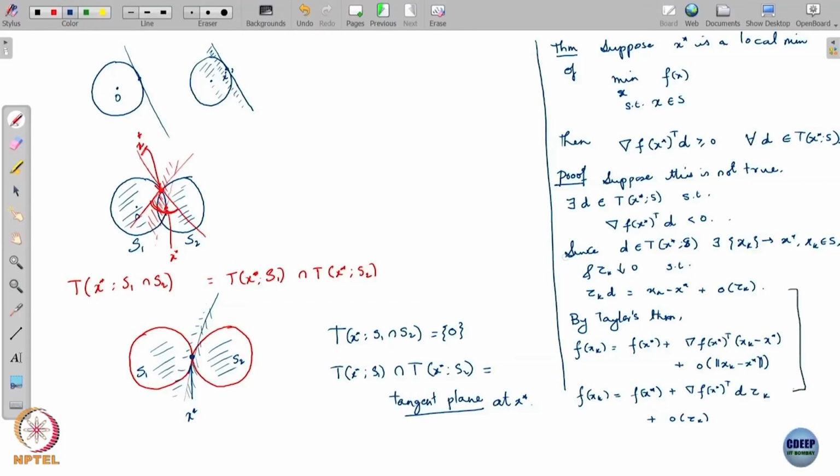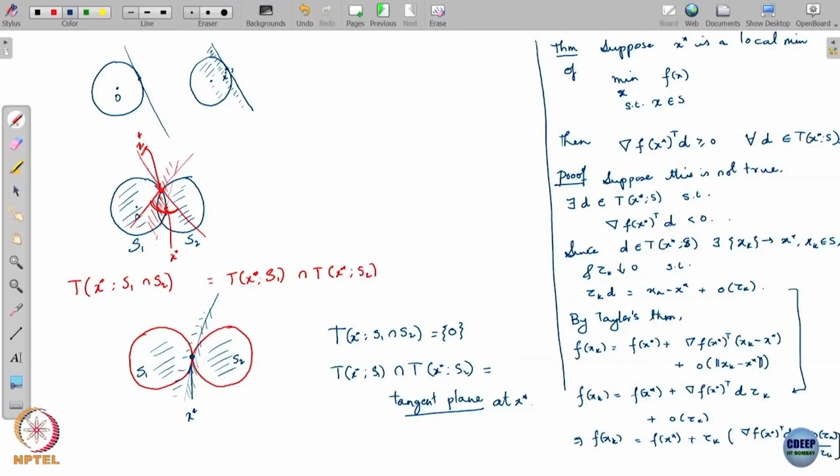Which means that f of x k minus f of x star, divided by tau k, is equal to grad f of x star transpose d plus small o of tau k divided by tau k.